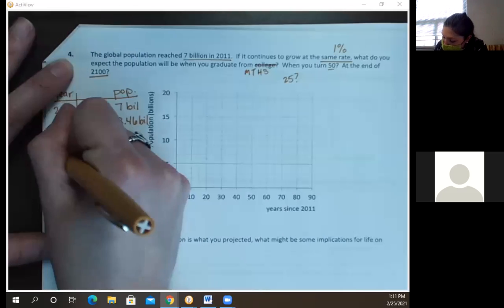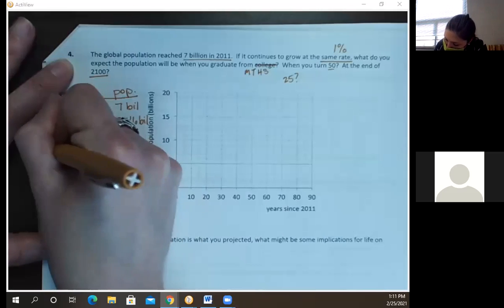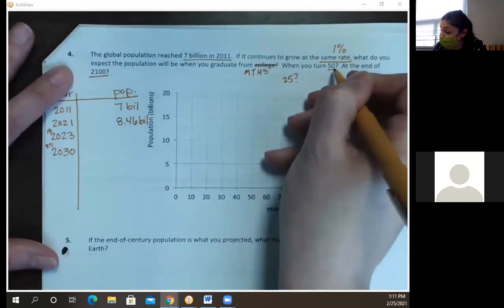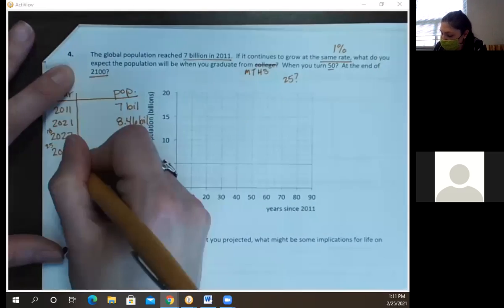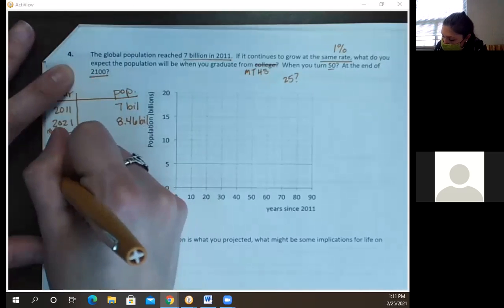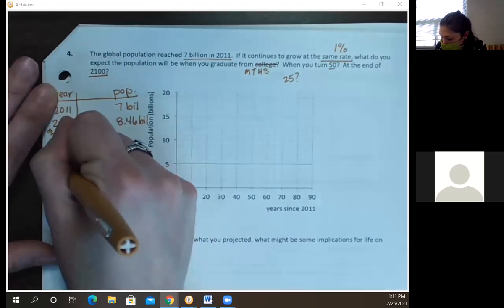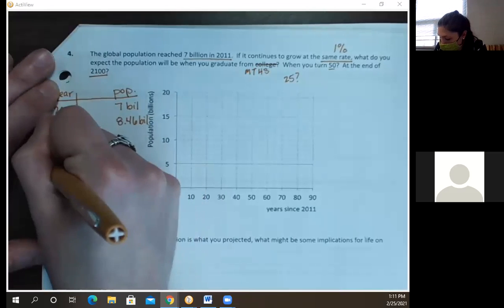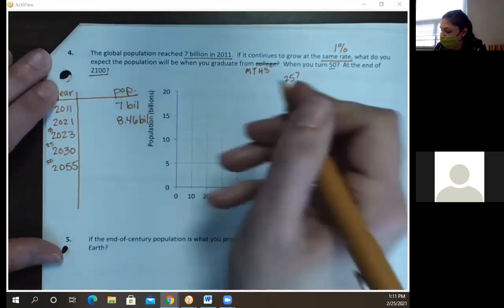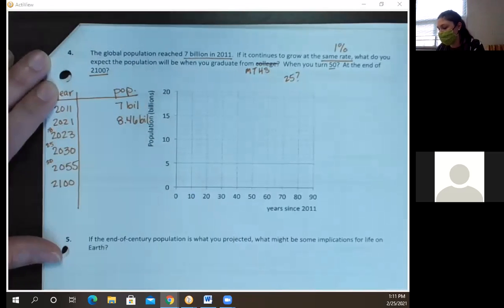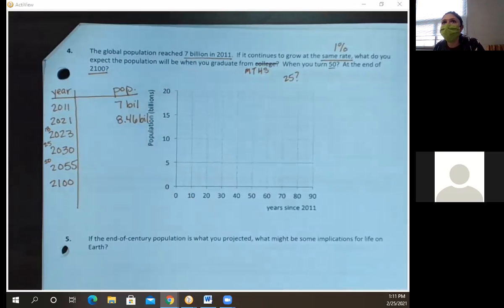So 2030 would be the year you turn 25. The year you turn 50, we would need to add 25 years to this one. So that would be 2055. And then the last one we're going to look at is the end of the century, 2100.